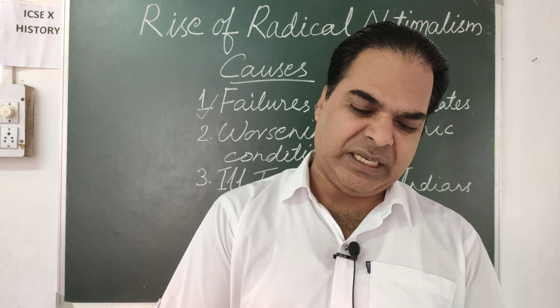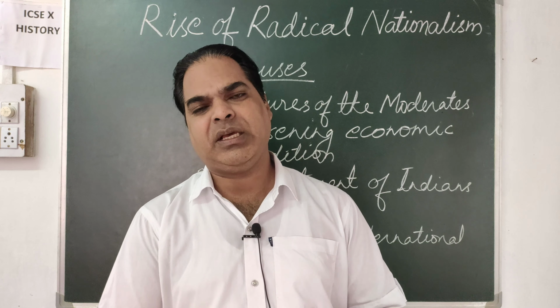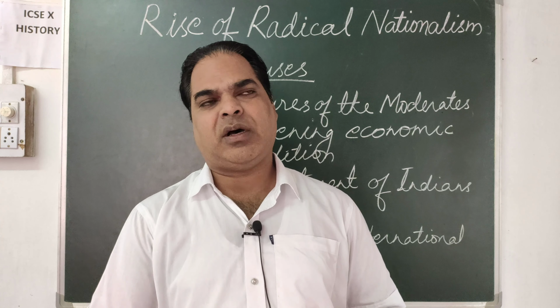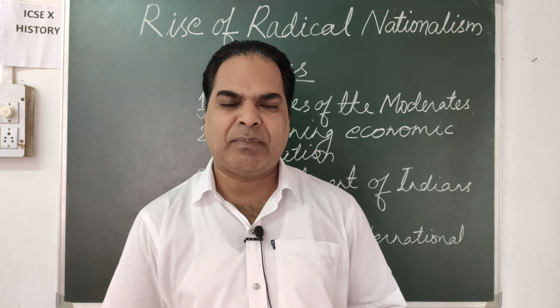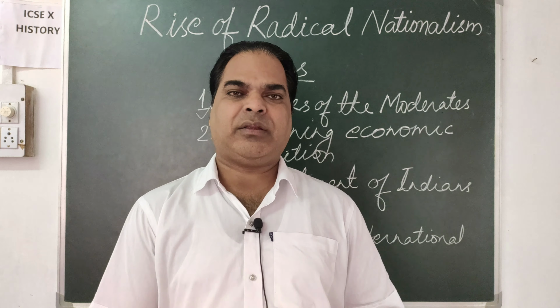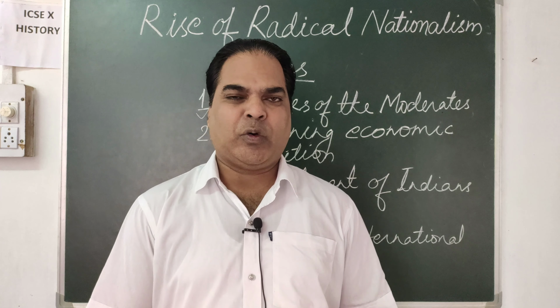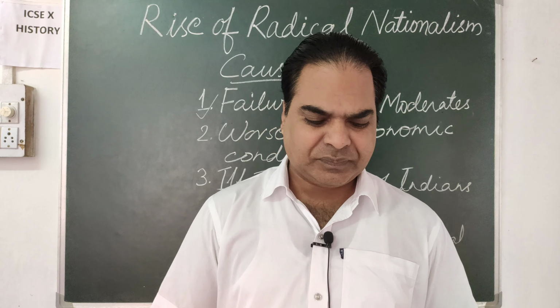None of the demands, like expansion of legislature, abolition of the Indian Council, and the ICS examination to be held in India. So long a list of demands, but in the 20 years of the moderates, they could not achieve much. That is why the radicals felt that now their method would definitely bring results in the national movement. That is why they came forward with aggressiveness.